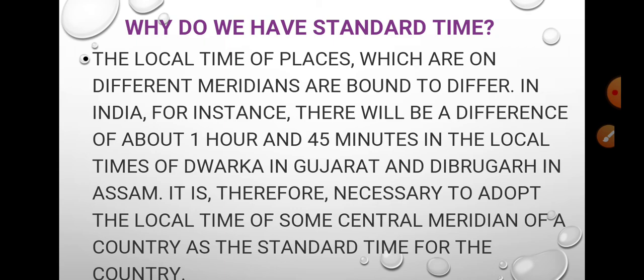In India, for instance, there will be a difference of about 1 hour and 45 minutes in the local time of Dwarka in Gujarat and Dibrugarh in Assam. It is therefore necessary to adopt the local time of some central meridian of the country as the standard time for the country. So, in India, the longitude of 82.5 east is treated as the standard meridian.